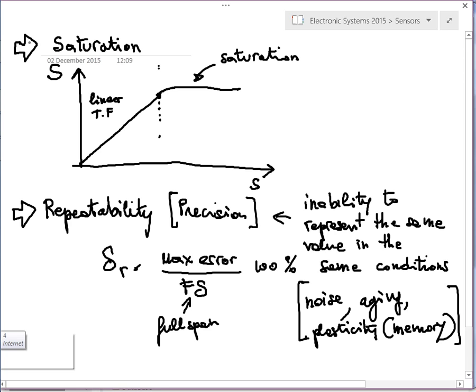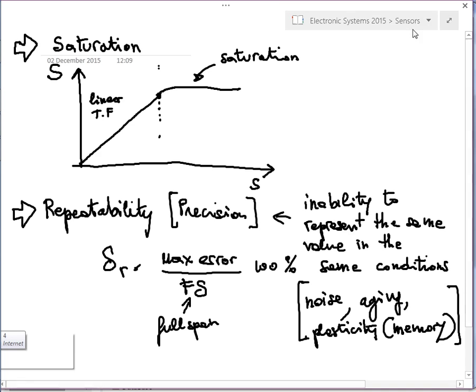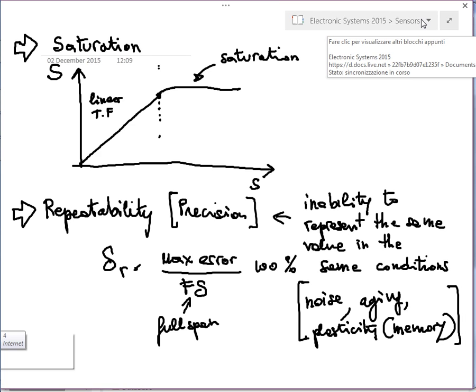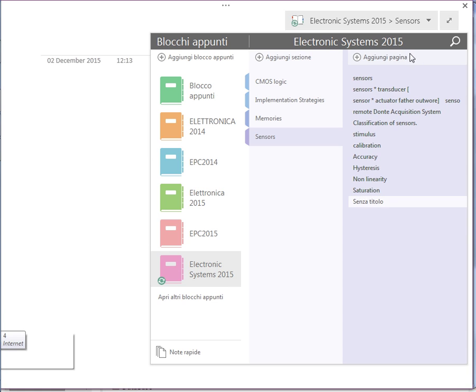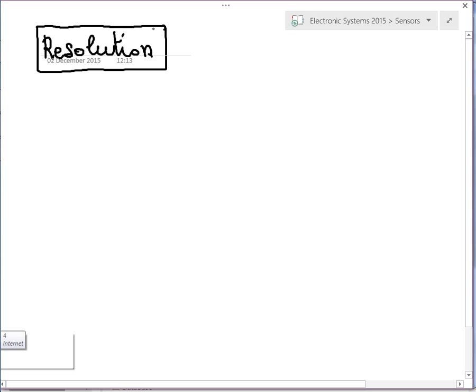So saturation, repeatability. And then the other two important characteristics are the resolution.